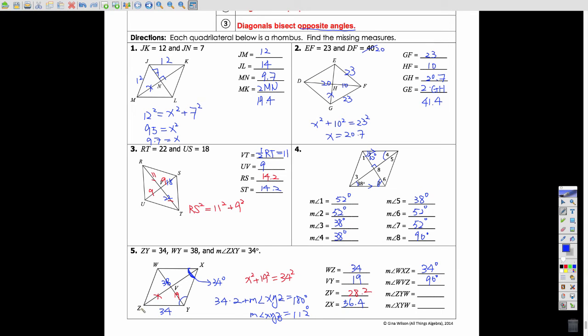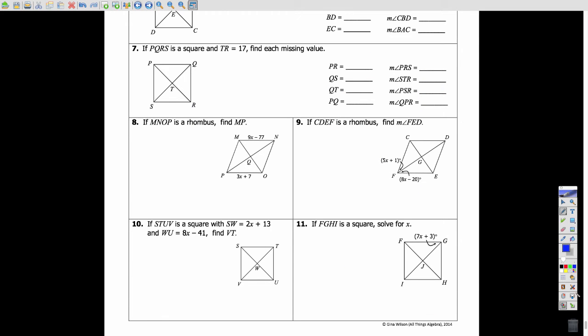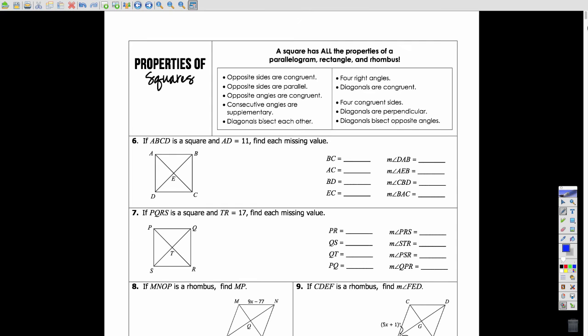Now, I'm asked to find out ZYW, so that should be half of 112. That should give me 56 degrees, right? And then WXW is the other half. So that's 56 degrees as well. Okay, so that was the rhombus.